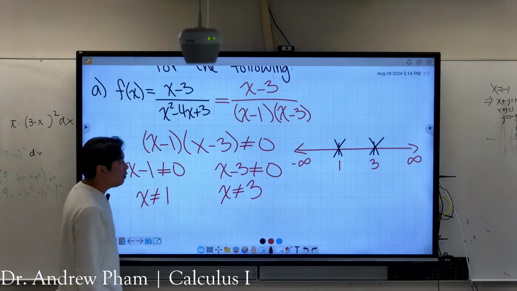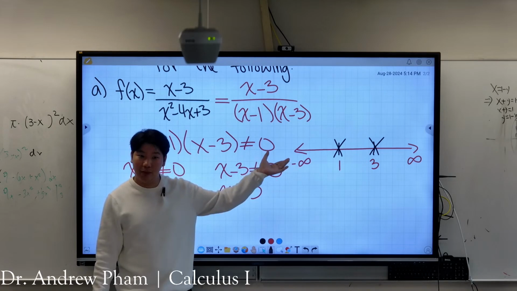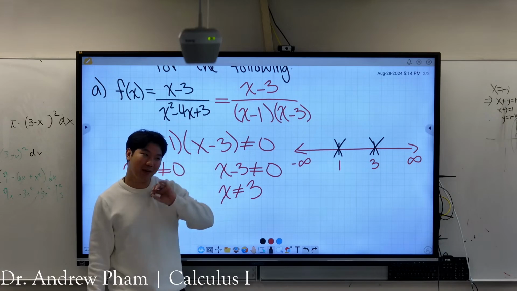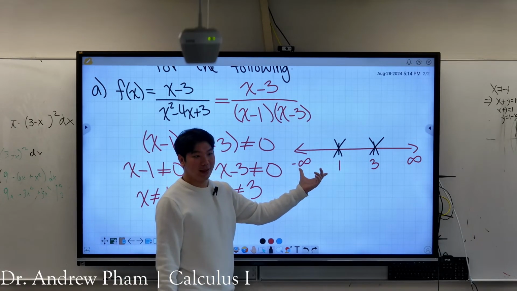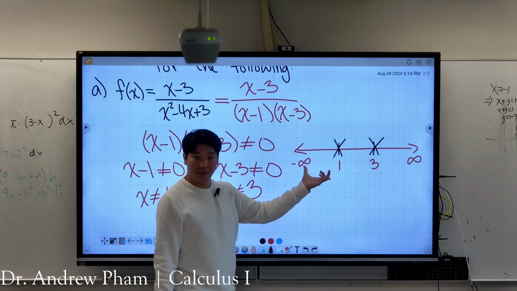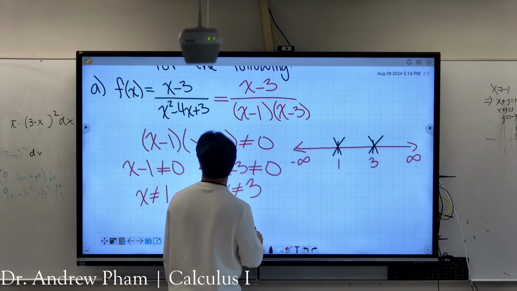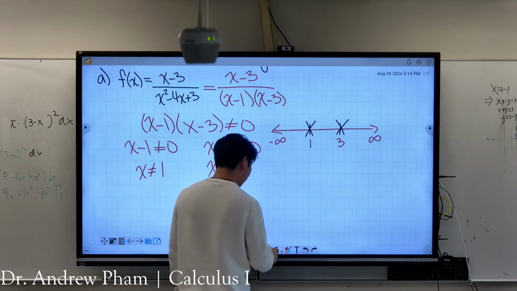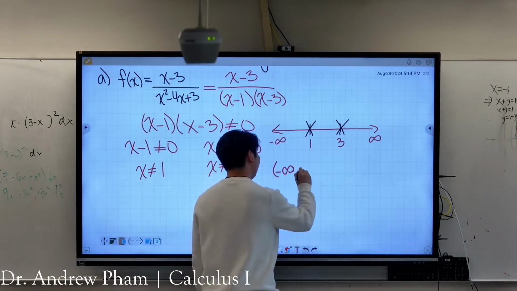So if I look at this number line, I have 3 natural groups, right? The left side, the middle, the right. So if I want to write this in interval notation, my first interval is negative infinity to 1. So let me write that. Let's write negative infinity to 1.